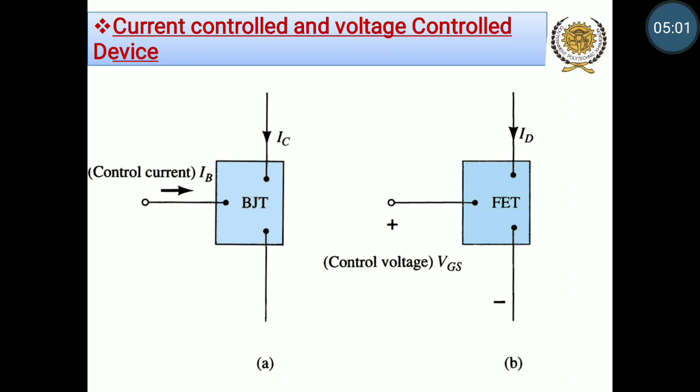In FET, the value of output current ID depends on the magnitude of voltage between gate and source, which is VGS, or input voltage. So when there is a change in input voltage VGS, there is a change in ID, that is output current. So we can say that output current ID is controlled by input voltage VGS. Hence we call FET a voltage controlled device.